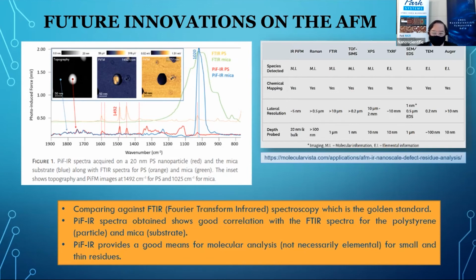And as mentioned earlier, it is just an attachment of an exciting laser source. There are no major changes to the system, and it just uses the exact same AFM tip and detection systems.